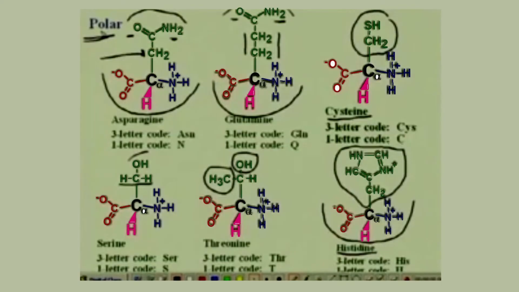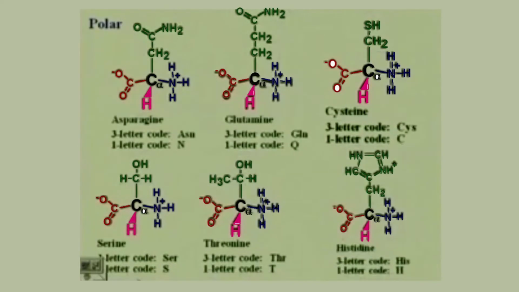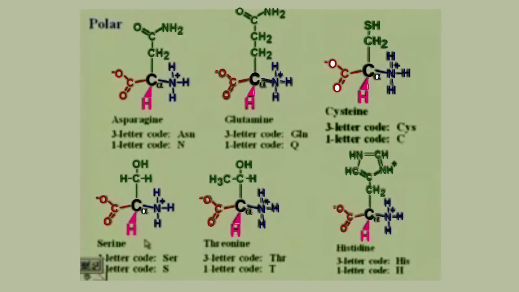The next group of side chains that we will be considering is acidic amino acids. We looked at asparagine and glutamine in our previous slide. What we found in the asparagine was the C double bond NH2.